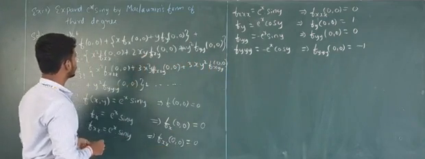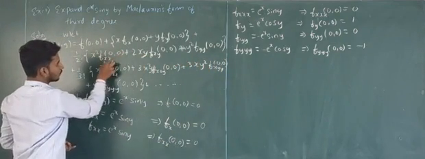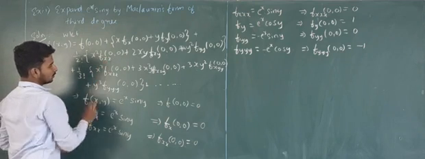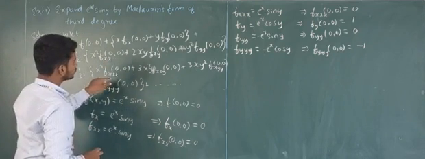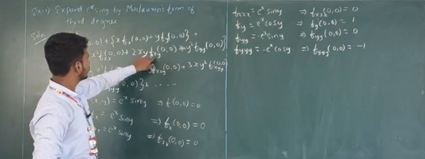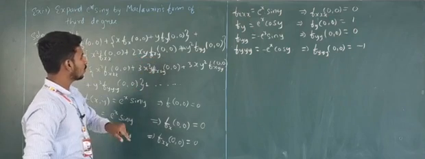So now we have found the values of fx, f 2 times with respect to x, and f 3 times with respect to x. Now again we want f with respect to x and y.